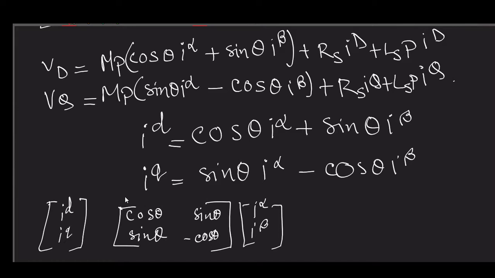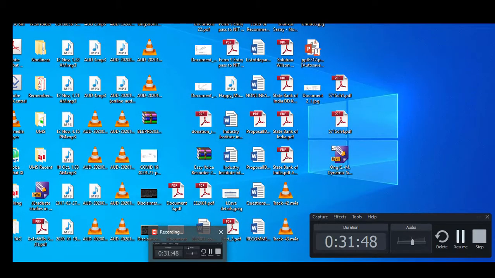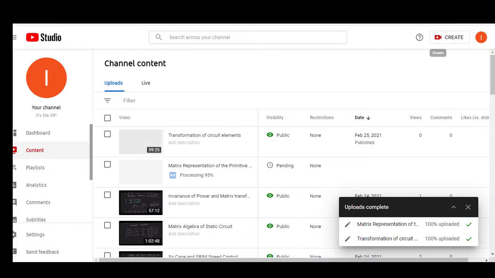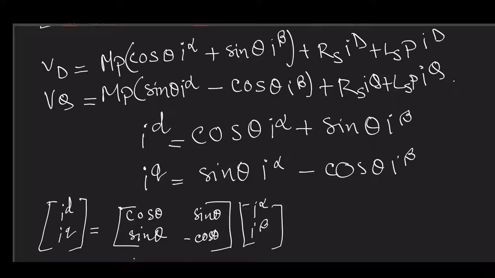So the first thing that invertibility gets challenged by is the determinant becoming zero, meaning the matrix is singular. So here we can see that the matrix is never singular. Whatever value of theta you take, the determinant is always 1.